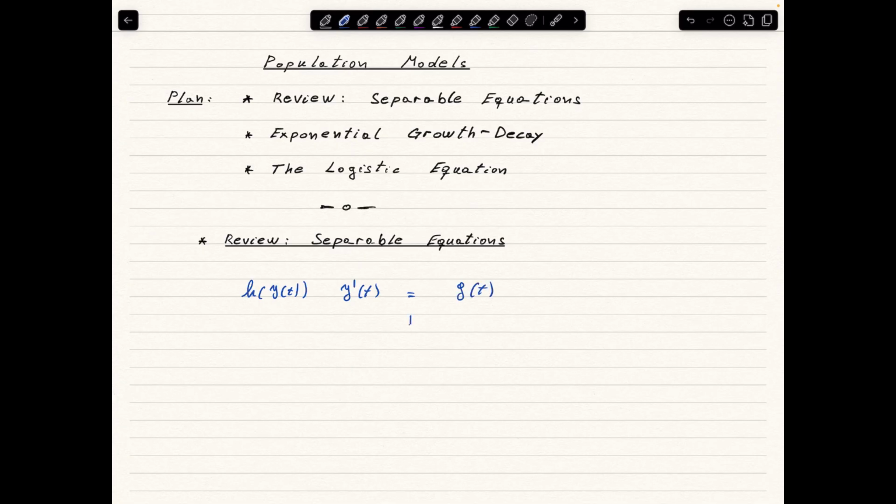Notice this side of the equation has no t explicitly. The t dependence is only through y, and on this side there is no y dependence. So when that happens, we say the equation is separable.